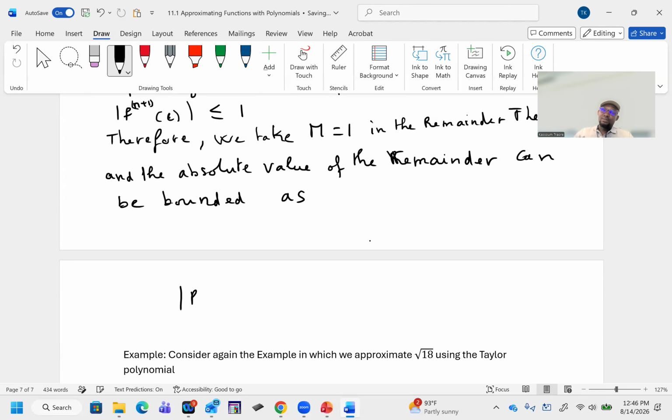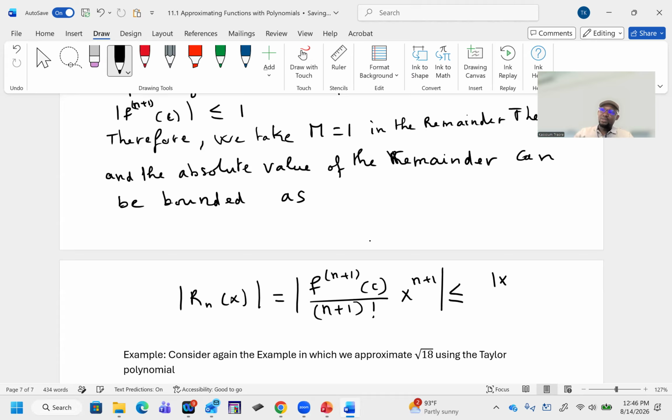Absolute value of R sub n of x is equal to the absolute value of the (n plus 1)th derivative of c divided by (n plus 1) factorial times x to the power of n plus 1, which should be less than or equal to the absolute value of x to the power of n plus 1 divided by (n plus 1) factorial.